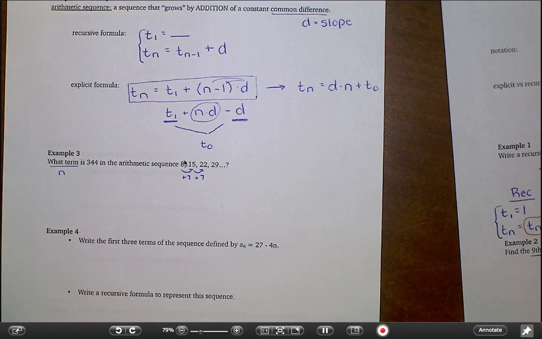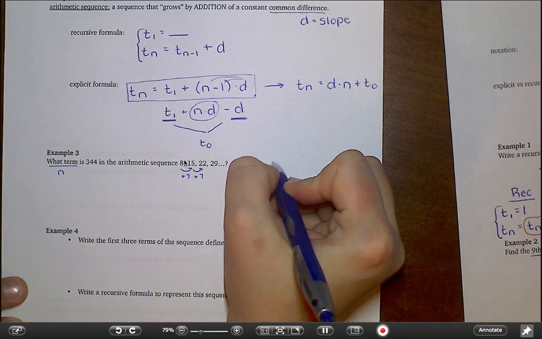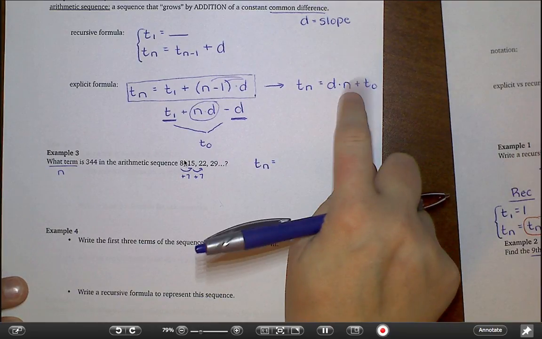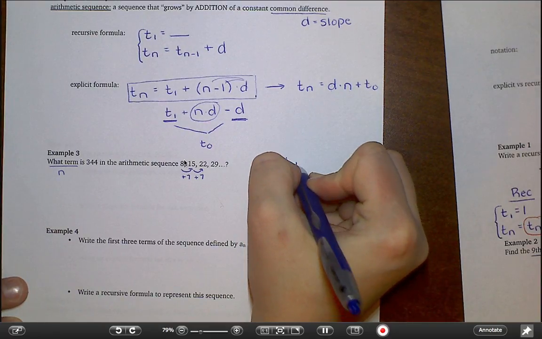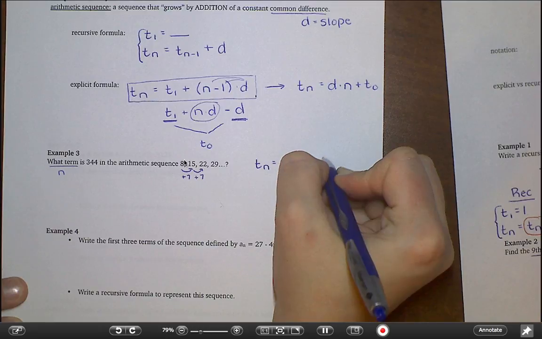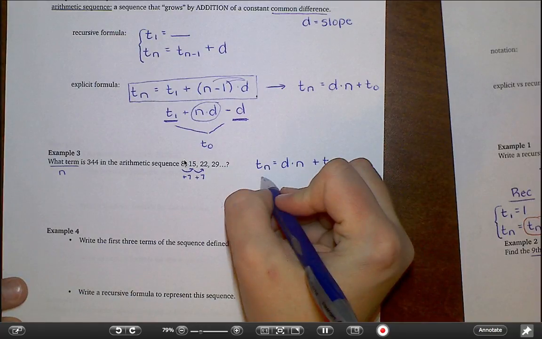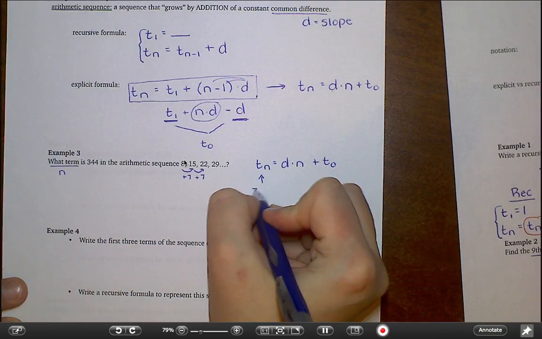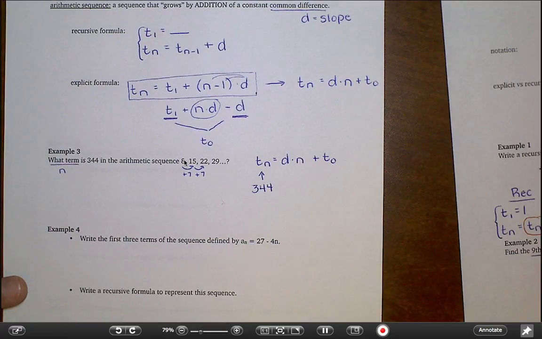So if I'm writing this in terms of an explicit formula, I'm going to go with my formula here. I know it's going to be d times n plus term 0. Well, let's think about what we know. We want the term to be 344. We're trying to find term 344 in this sequence.